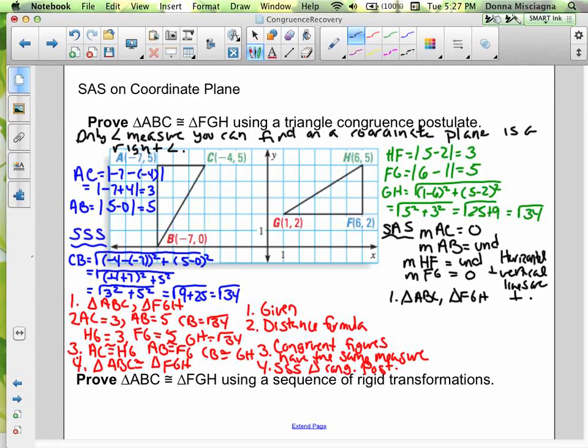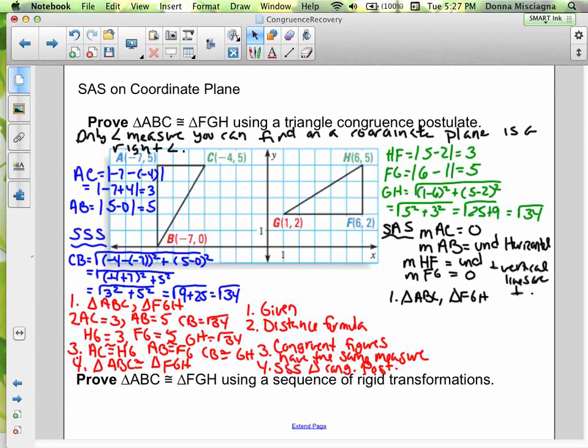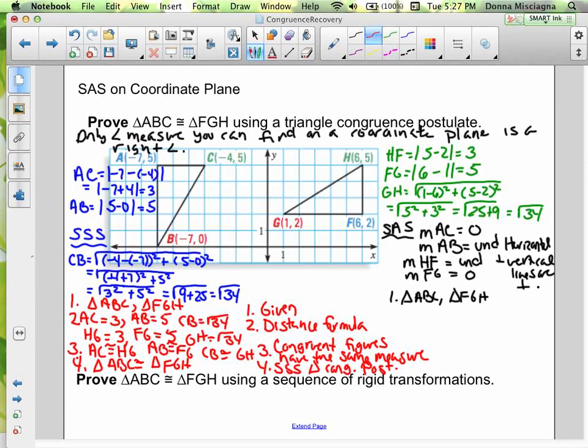If I move this out of the way just a bit, so you can see it. There we go. So step number 1, that is given. Step number 2, we're going to need AC, and we're going to need AB, but we do not need the other side.